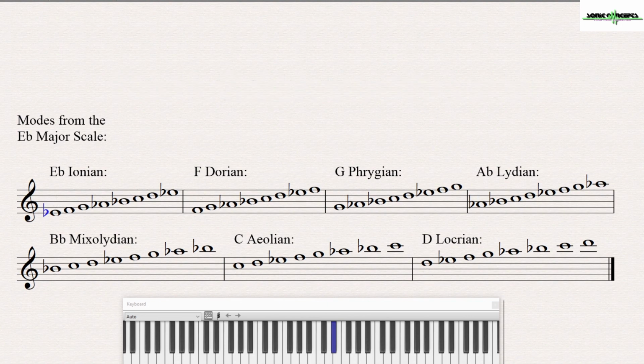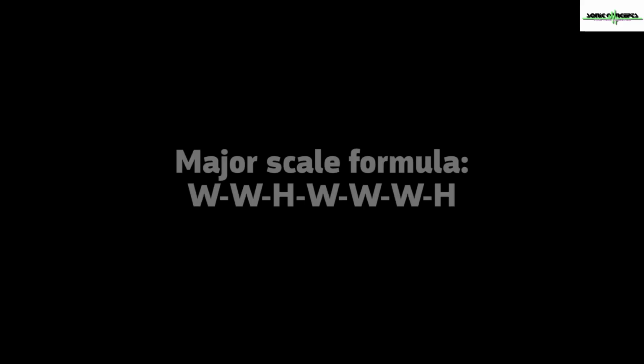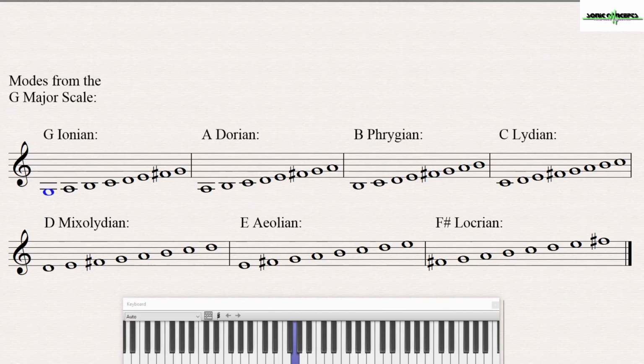As you know, the interval formula for a major scale is whole step, half step, whole step, half step. Since every major scale uses this formula, modes can be created from any major scale. For example, here are the modes from the G major scale.